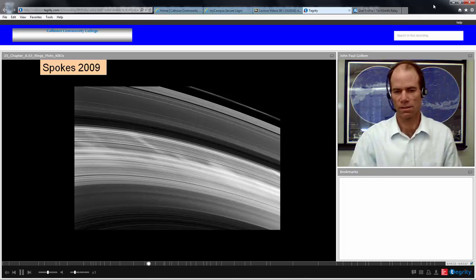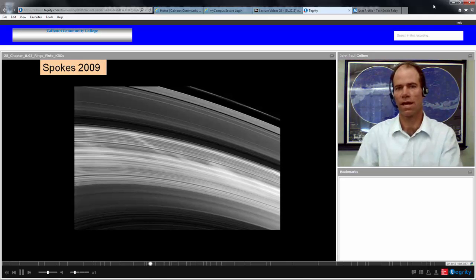It is said that when Voyager went by Saturn, Saturn was near an equinox position with respect to us. In other words, rings edge on to us, and the spoke pattern was more clearly seen at that time. Since then, it's been harder to see the spoke pattern, but now in 2009, Saturn is edge on again, and we see clearly the spoke pattern.